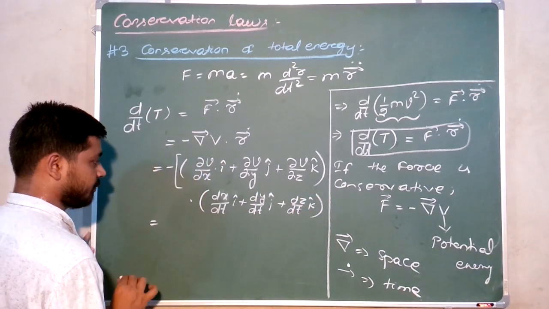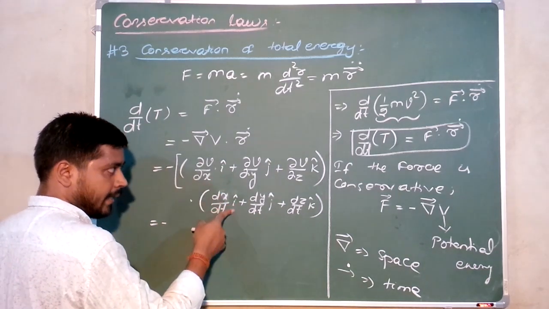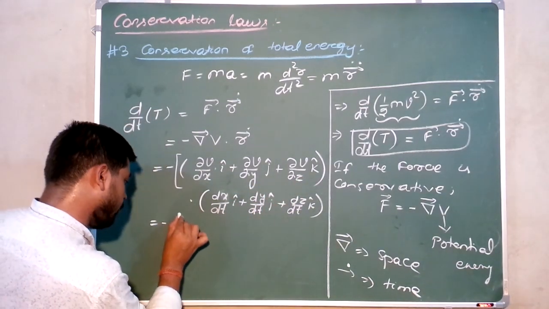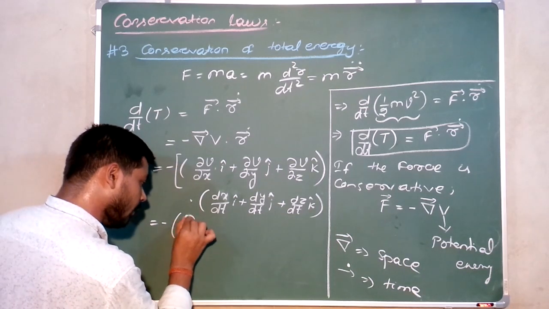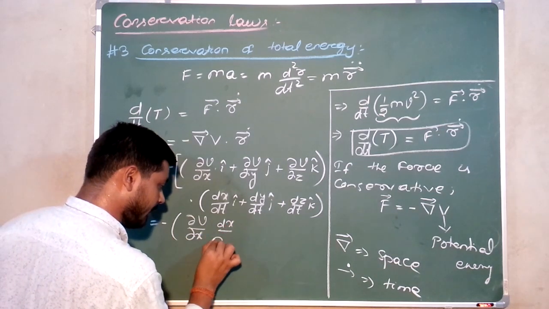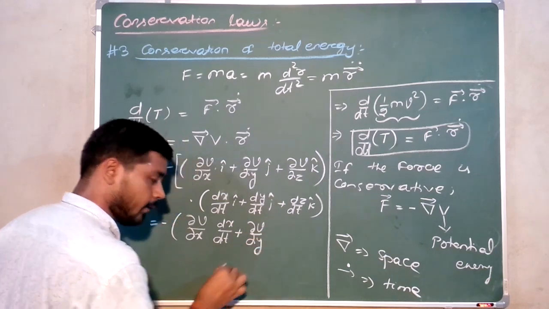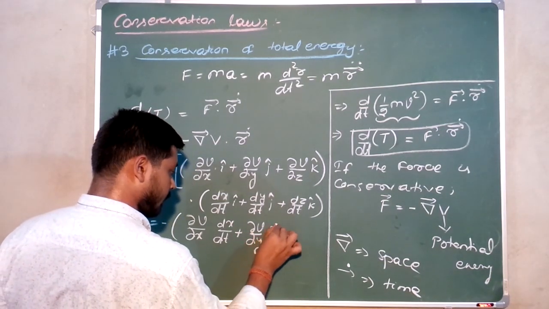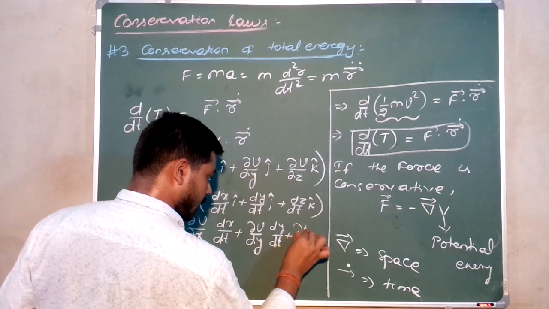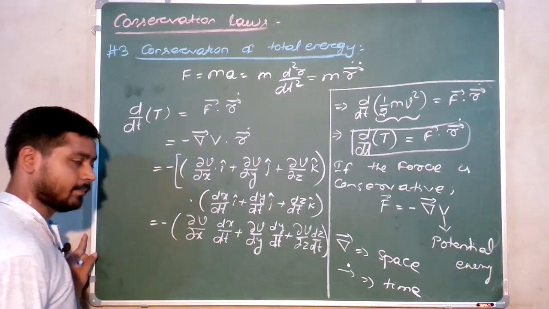This is the dot product, so i cap multiplied with i cap, j cap with j cap, and k cap with k cap. Yes or no? This becomes dou V by dou x into dx by dt plus dou V by dou y into dy by dt plus dou V by dou z into dz by dt. Done.